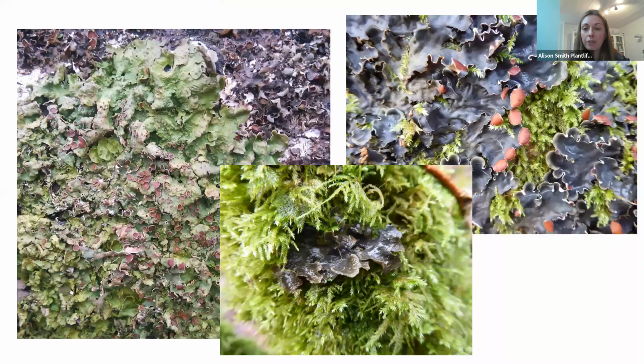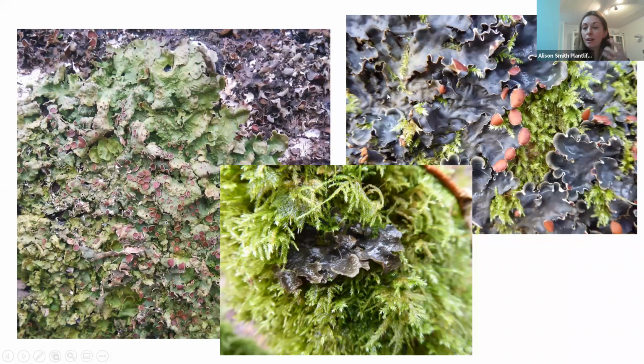These are a few of the Lobarion community lichens. So this time we're looking at often large leafy species. We have some wonderful guides that we can link to in the chat, where you can look at the Lobarion lichens for southwest England, and we have similar ones for Scotland and Wales. You're looking at these lovely leafy lichens.